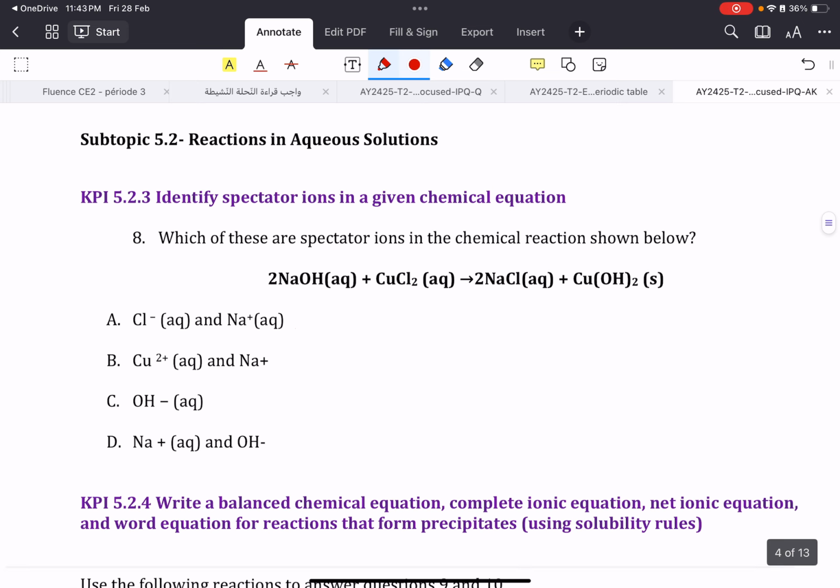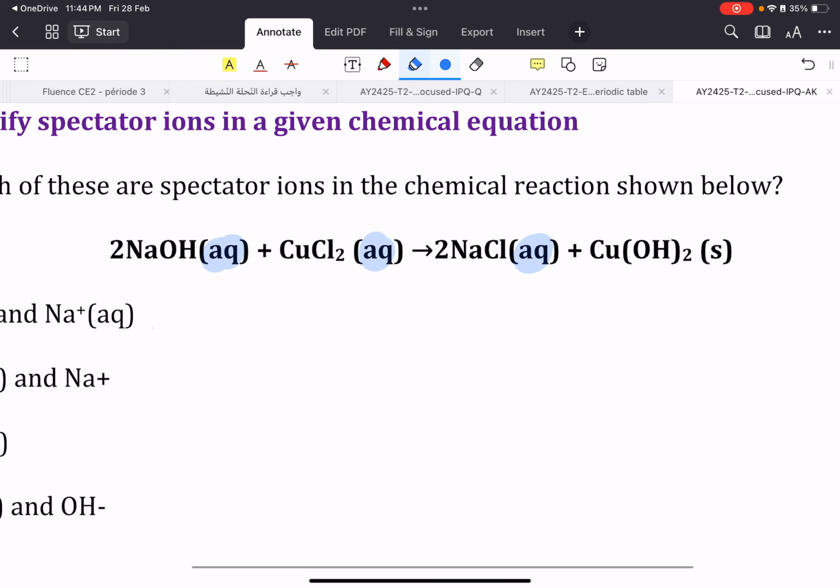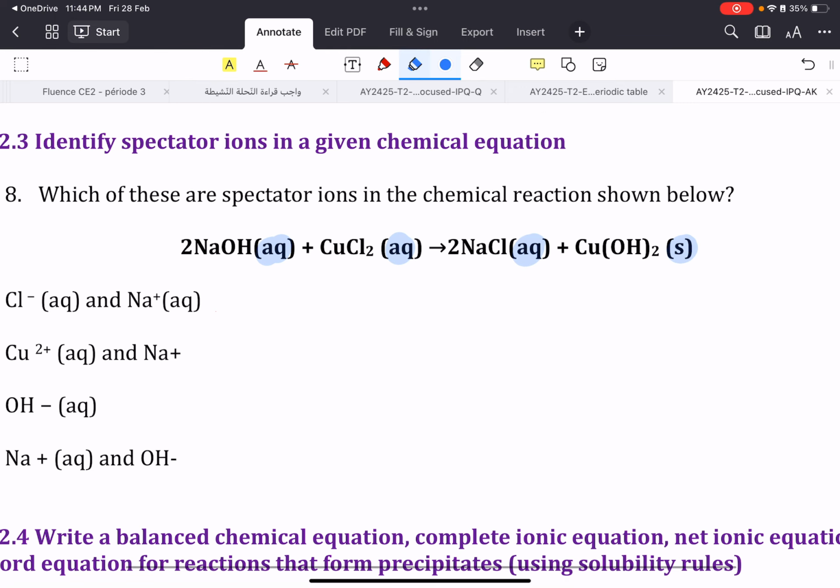The second subtopic in topic 5, the reactions in aqueous solutions. And here you have to be careful when you are looking at double displacement reactions. Always rely on the physical states written over here. So it's always an aqueous compound added to another aqueous compound.